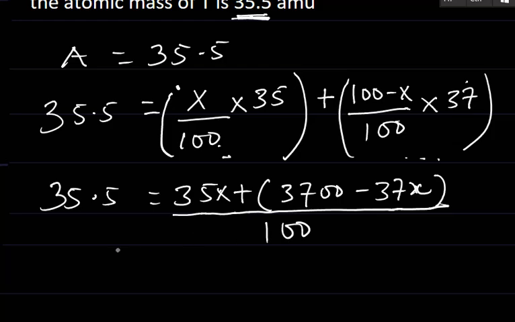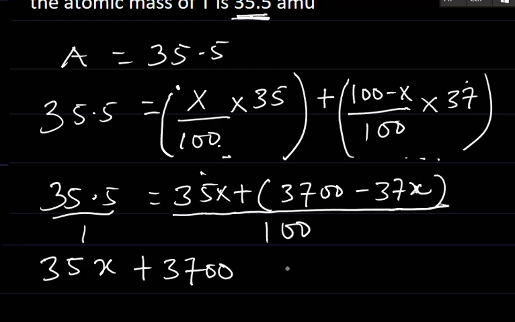So if I cross multiply and open the bracket, I'm going to have 35x plus 3700 minus 37x is equal to 100 multiplied by 35.5. That is going to be 3550.